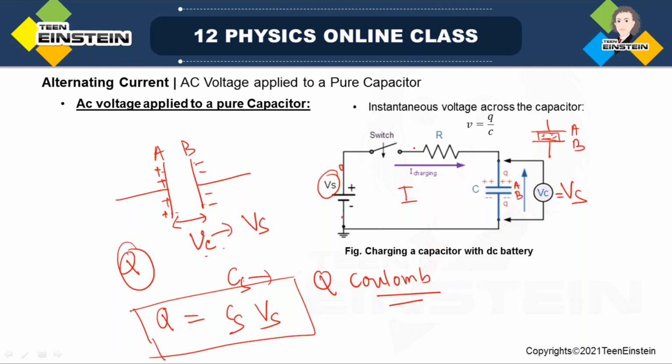As you know, if this is Vs and this is also Vs, there is no potential difference. From this point, suppose this is some point P, this is Q, this is R, and this is S. If there is a potential difference, P has to be at high potential, Q lower, R again lower than Q, and S lower than R. Then only there will be a flow of current.